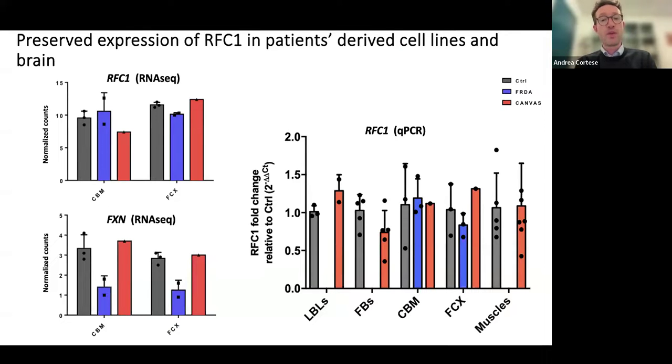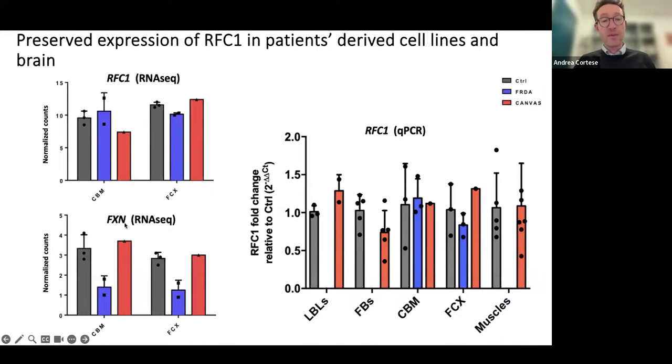What I can share with you is that, a bit in contrast with our general understanding of recessive repeats, RFC1 doesn't seem to be downregulated, because if it was, then we could try to replace it, to just put more RFC1 in some way. It's never easy, particularly for big genes like RFC1, but there's no real evidence that RFC1 is reduced, not in fibroblasts, and not in affected brain tissue.